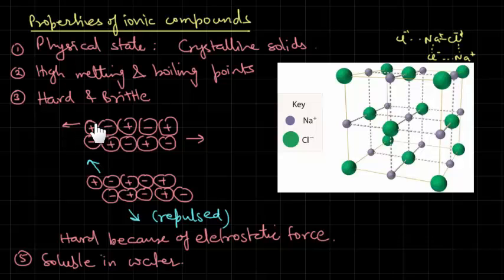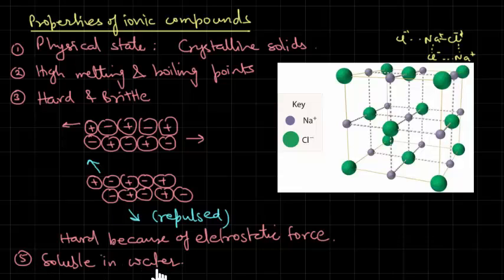You can assume the plus as sodium and the negative as chlorine. It's brittle because when some shear force is applied, if this layer moves here and this layer moves here, these negative ions will come together and these plus ions will come together, and because of this, the force of repulsion will break this crystal apart into two pieces. That's why they are brittle.